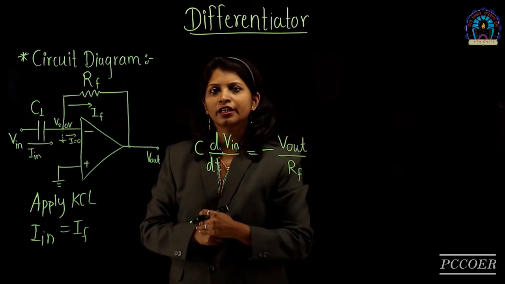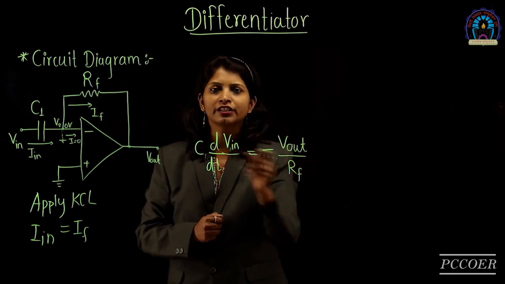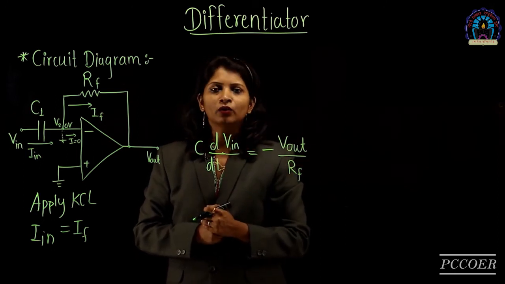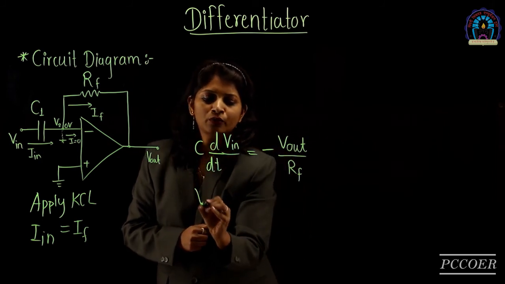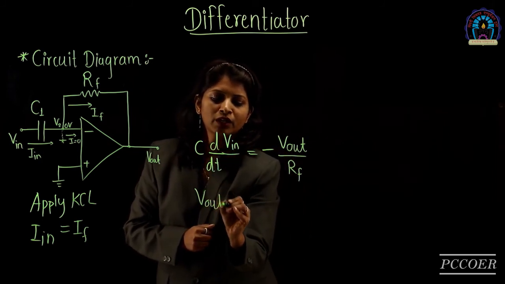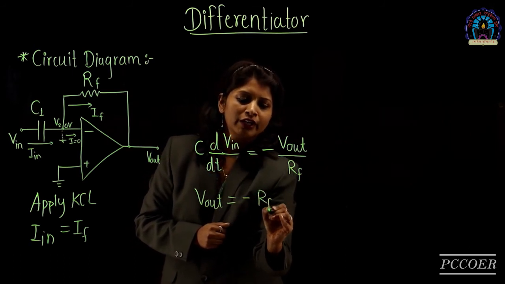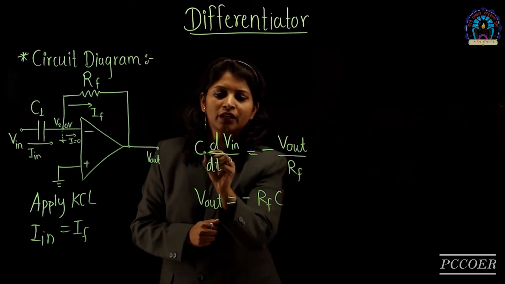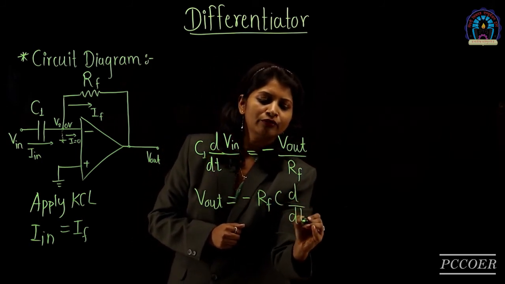So this is the equation of the In and If in terms of voltage, resistor and capacitor. Now let's rearrange this equation in the form of Vout. So Vout we get from the above equation will be minus Rf into C1 d by dt of Vin.